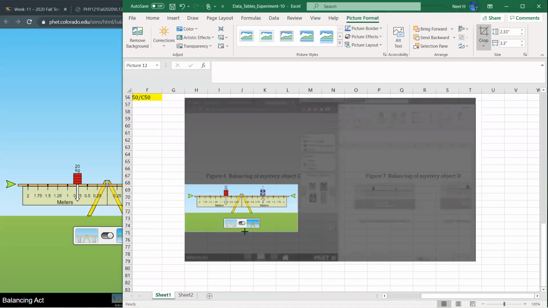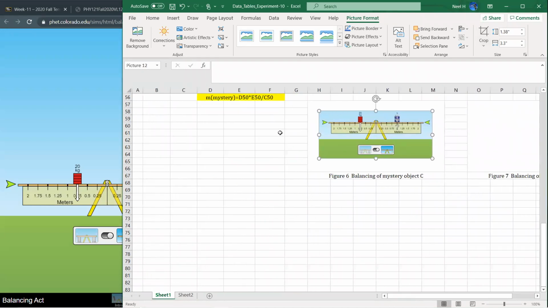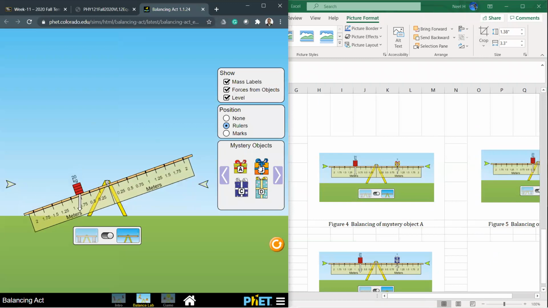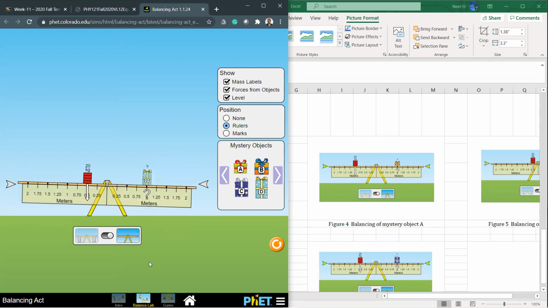Okay, then let's take the last object, unknown object number D. So get rid of C, bring the D. Let's put it back again at the 0.1 meter location. Seems to be not enough torque. If I move it to the 0.5 location, it can balance exactly. Take a screenshot.